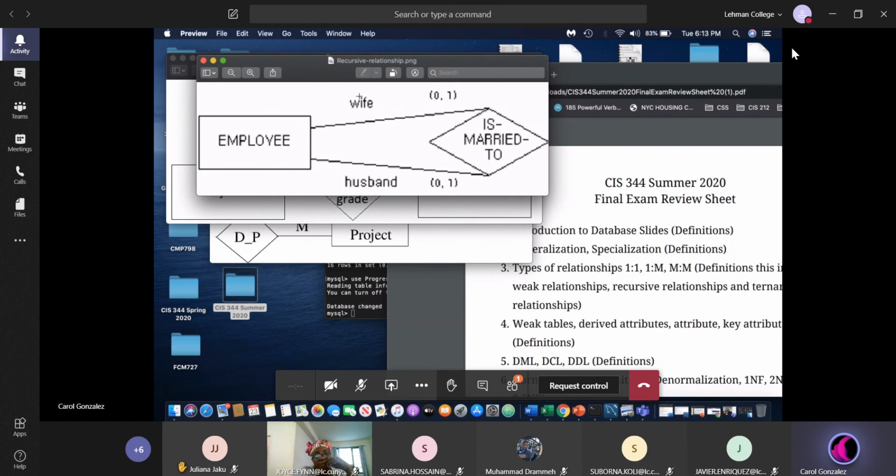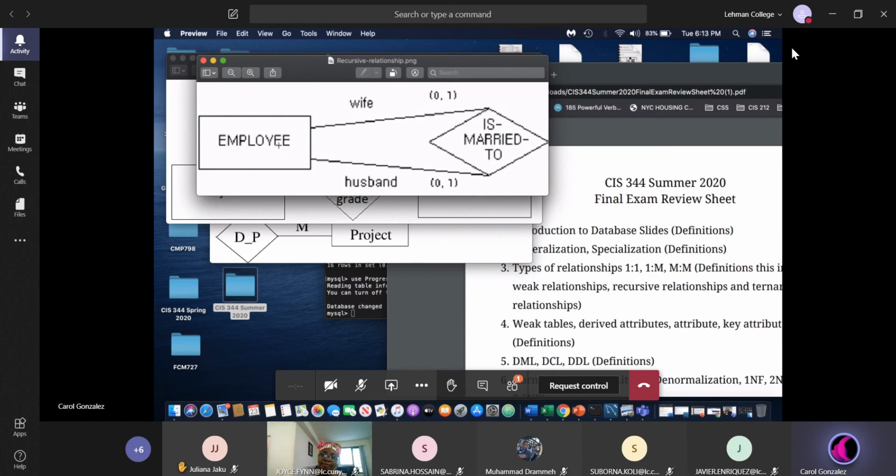If they both work in the same place, then they're both employees of the company. A husband is married to his wife, and the wife could also work for the company, and since they both work for the company, they're both employees.